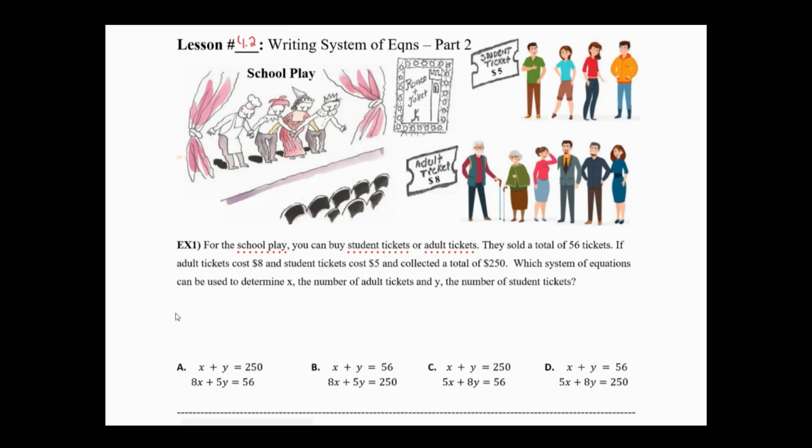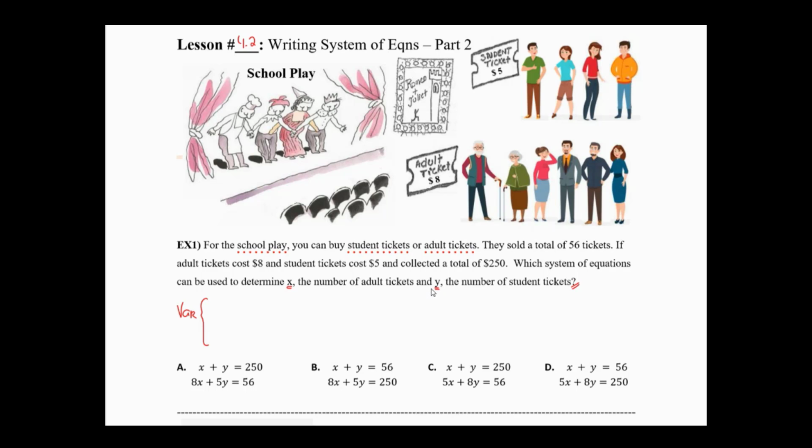As always, please remember that we want to identify our variables. And as we talked before, when you tackle these type of problems, look for the question mark because oftentimes they're going to give you what the variables are. In this case, we can see that we have letter X, which is the number of adult tickets, and Y is the number of student tickets.